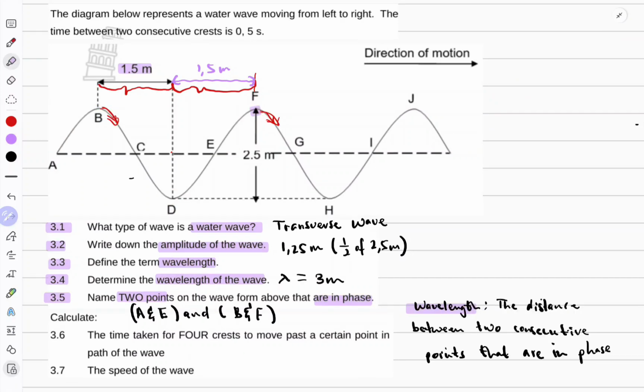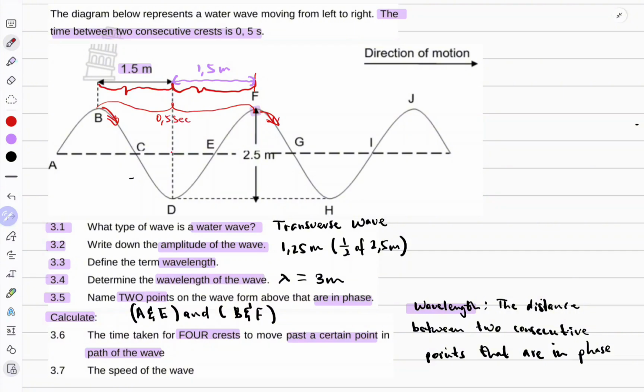And so the next question says, calculate the time taken for 4 crests to move past a certain point on the path of the wave. So in this question they want us to figure out how long it would take 4 crests to pass a fixed point. If you go back, they tell us that the time between 2 consecutive crests is 0.5 seconds.